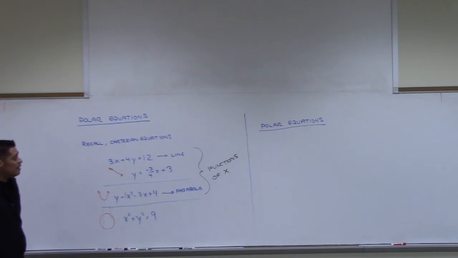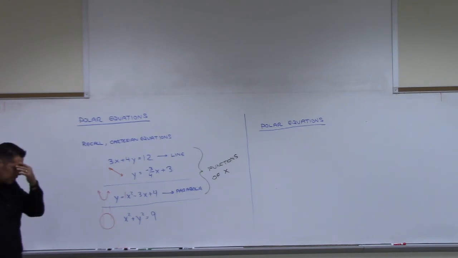What can you tell me about a circle with radius 3? What do all the points have in common? What does every point on that circle have in common? The radius is 3. And the angle doesn't even matter anymore, does it? Because if you use any angle, you're going to be on a circle. All the angles together will give you the whole circle, right?